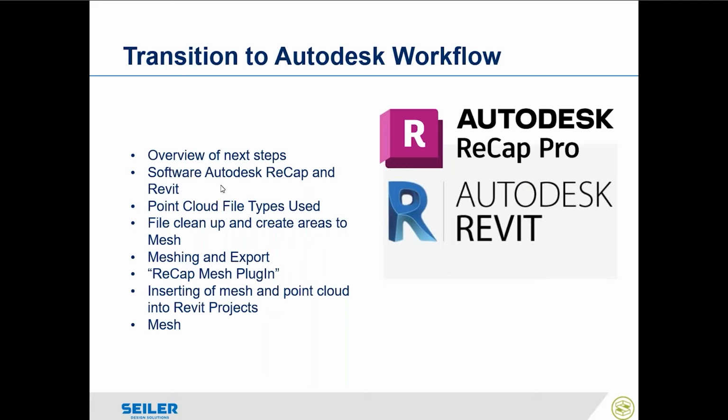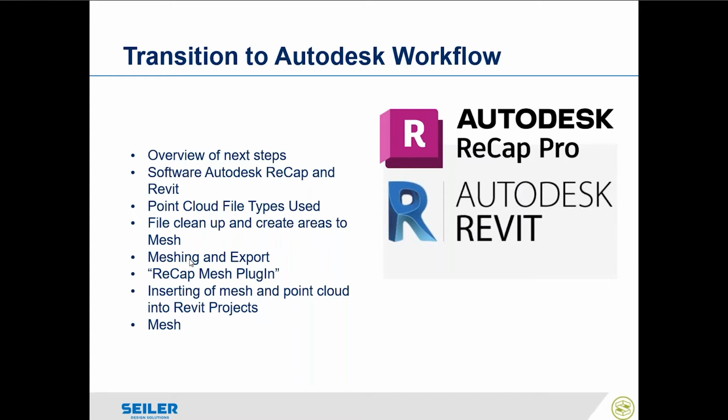So we're going to take the software, Autodesk ReCap and Revit. We're going to find out what type of point cloud files we can use, LAS, LAZ, many different formats. And then ReCap is what's going to convert it into an RCP ultimately for us to use. You can also convert those in other software to the RCP format, but it's not really needed right off the bat.